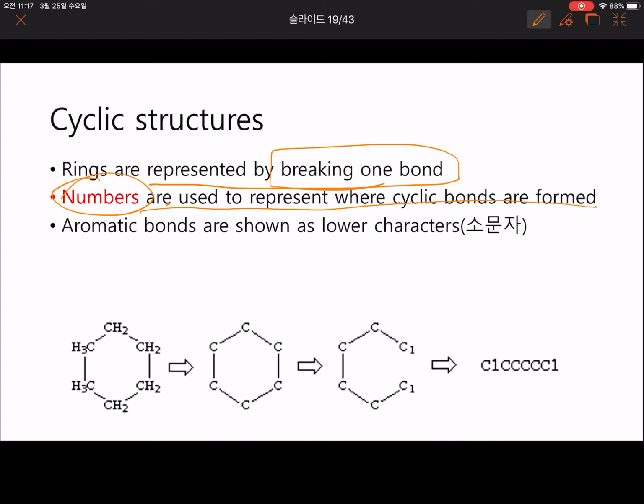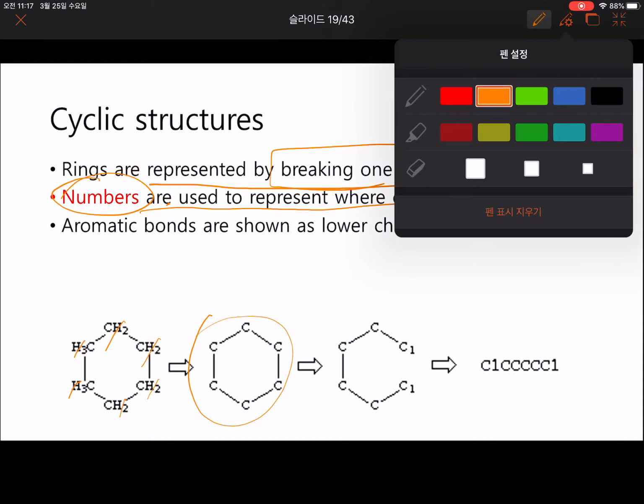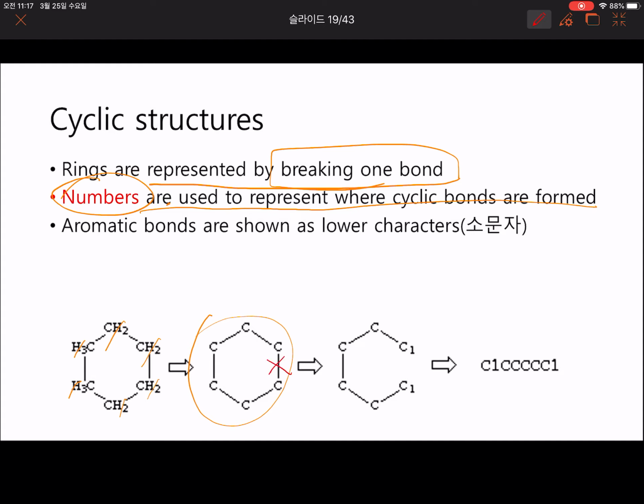So for example, let's look at this cyclohexane. As usual, hydrogens are omitted, and this one is simplified like this, and then we assume that one bond is broken here, then the whole chain is like this, right?